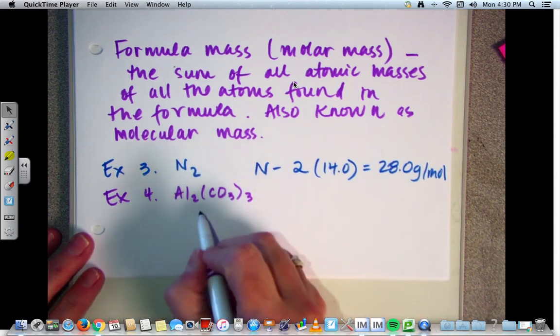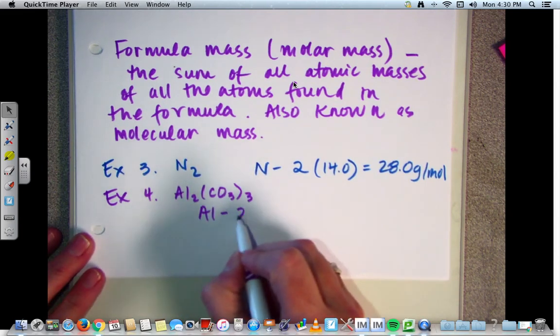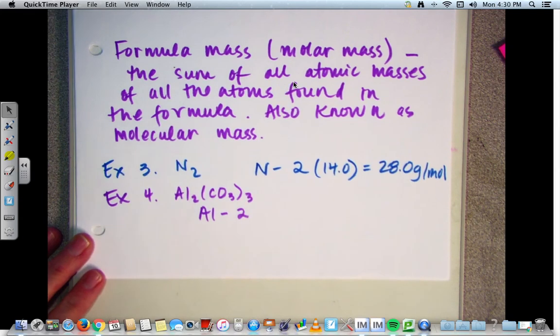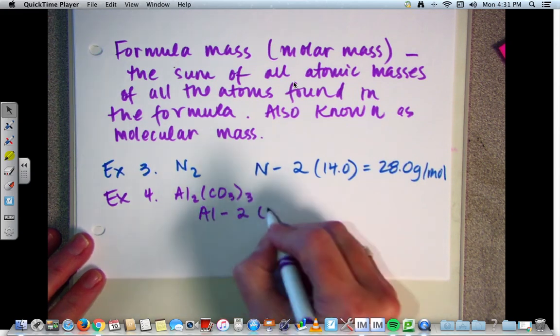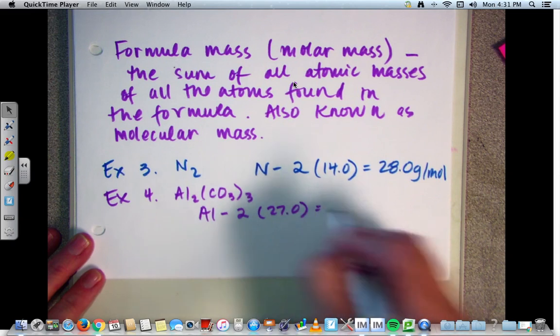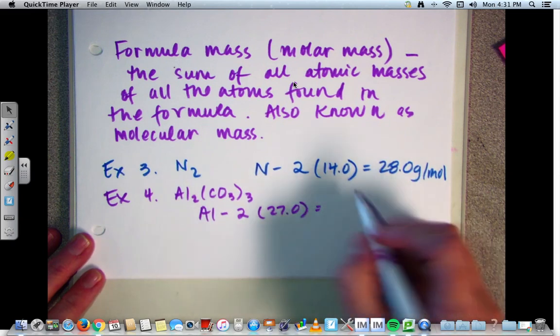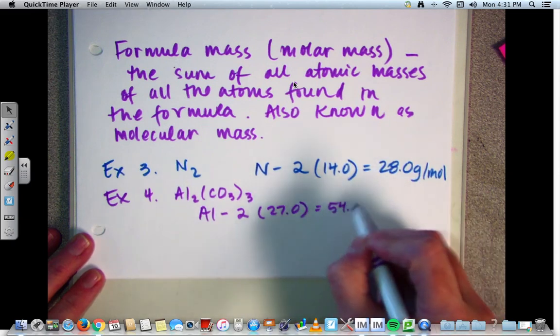So aluminum, we have 2. Aluminum is on the right-hand side of the periodic table. Its mass is 26.982, so we can round that to 27.0. That gives us 2 times 27, 54.